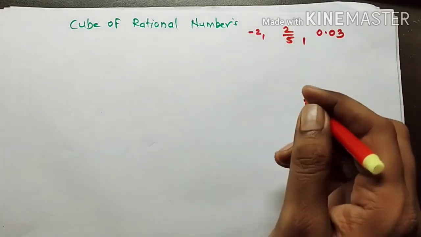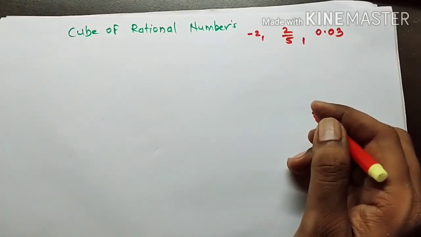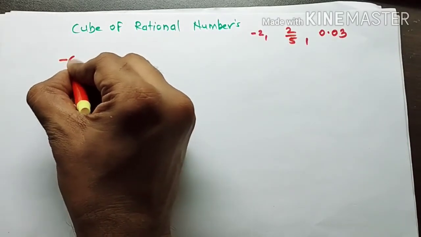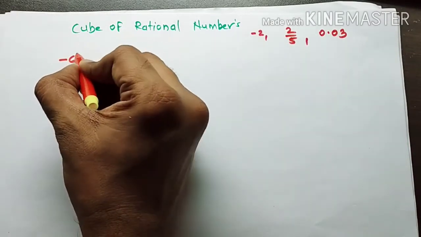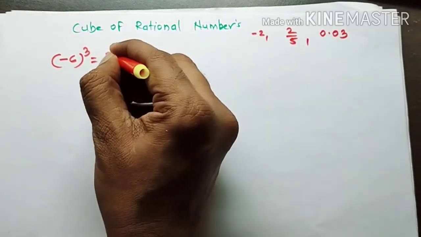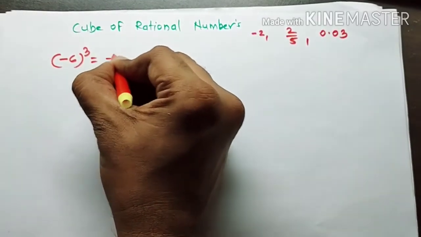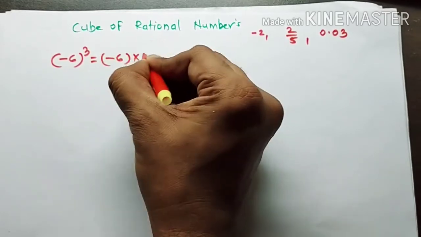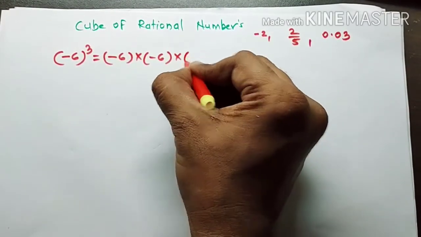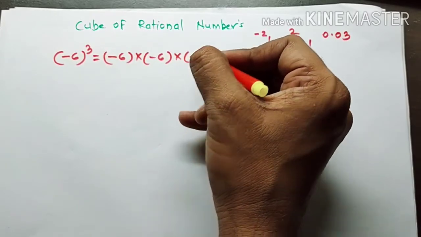First, take an example from the book and see how it works. Minus 6 cube. Minus 6 cube means minus 6 into minus 6 into minus 6.